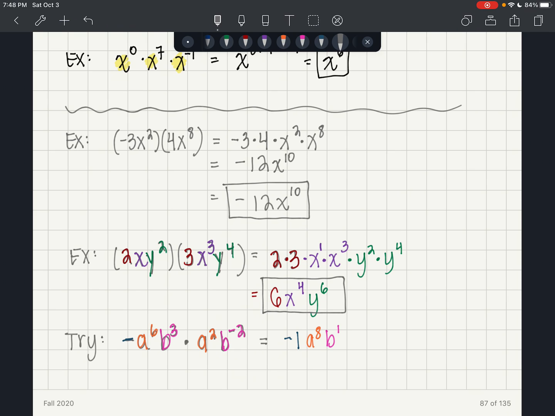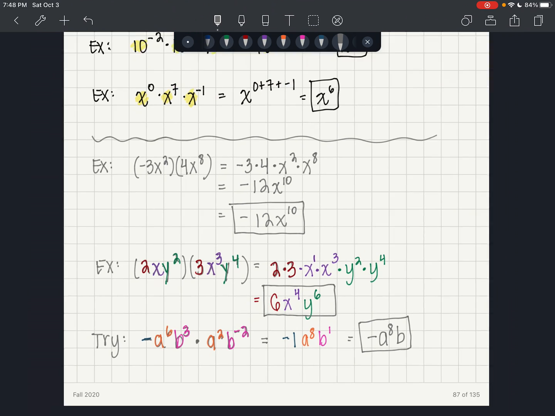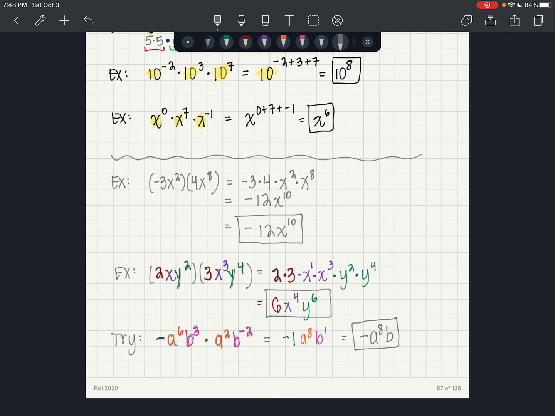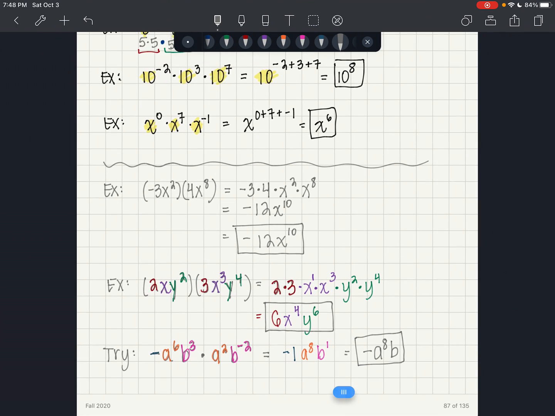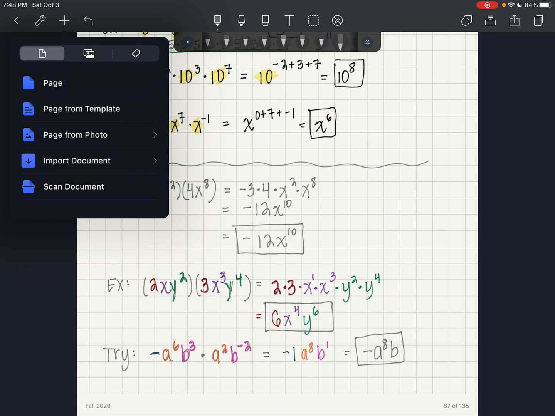And then I simplify that by writing negative a to the 8th b. Negative a to the 8th b. That is our rule for multiplication. So let's just take this rule and kind of run with it.